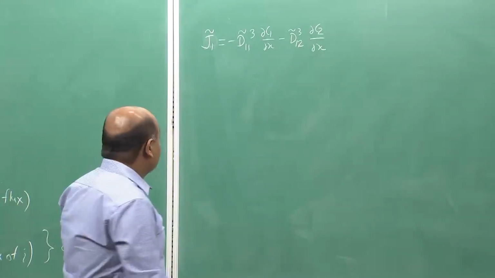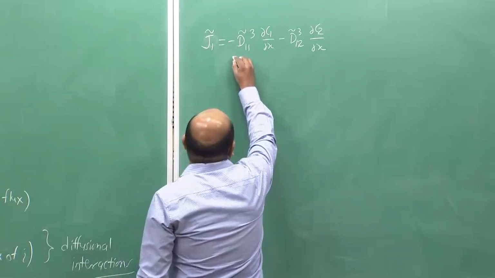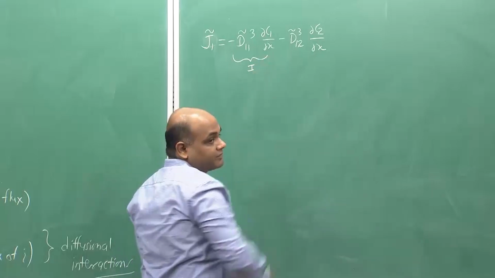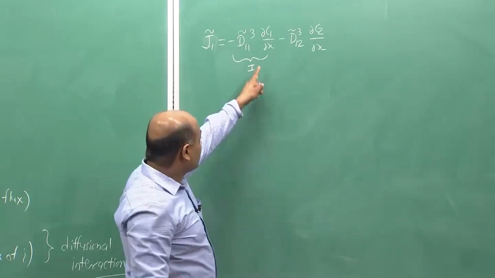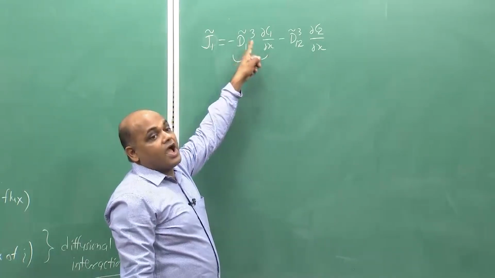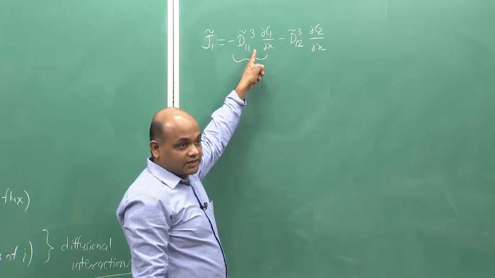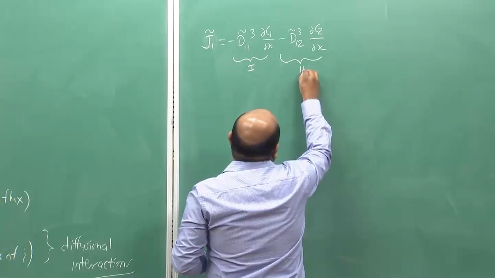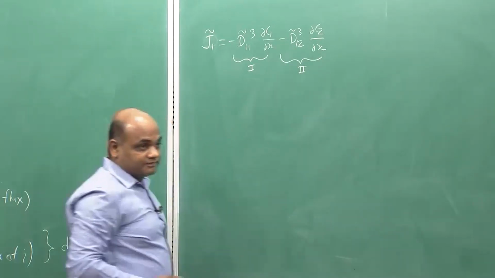So, let us try to illustrate this. Let us call this term 1, which is the main term. Remember, we need to take into account both gradient and coefficient. So let us call this term 1, this is term 2, including this negative sign.